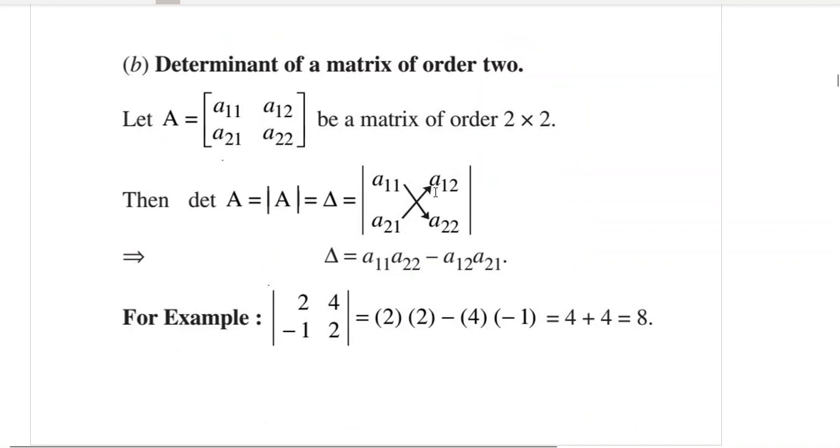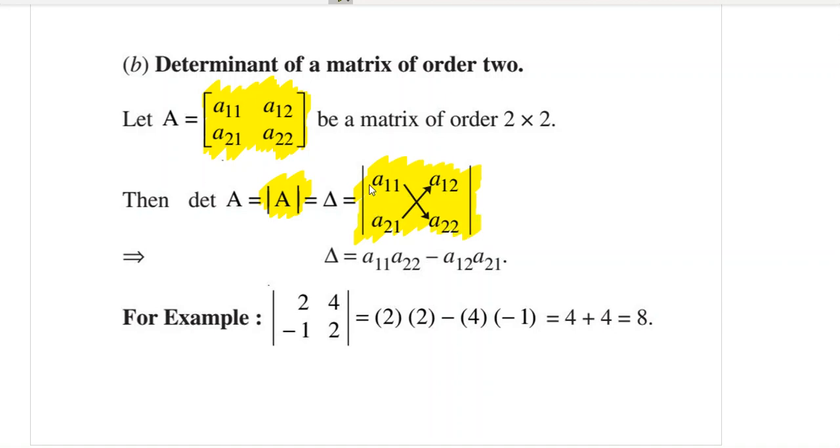Okay, determinant of a matrix of order 2. Please note this down. Suppose we have a square matrix of order 2 by 2. Then its determinant is given by this formula which is shown over here. Determinant of A is equal to, this is what they have done.